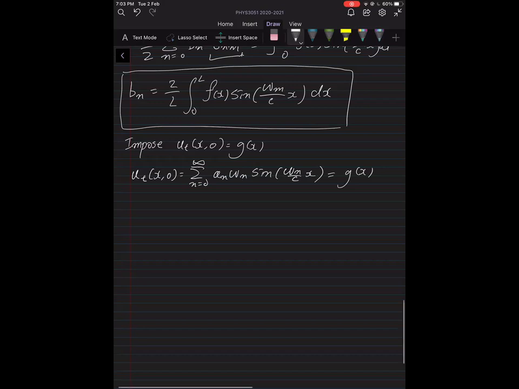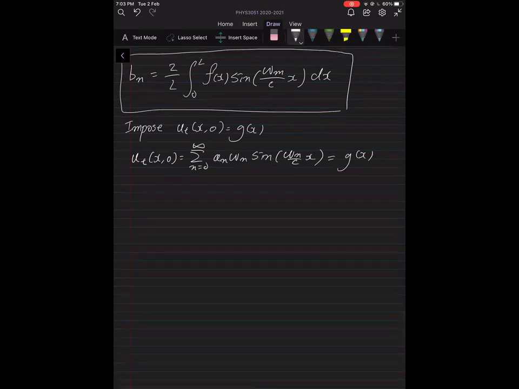And similarly, by the orthogonality property, we have L over 2 A_n omega n equals this integral.